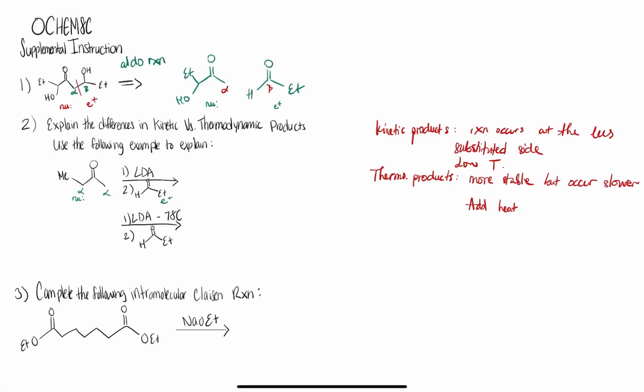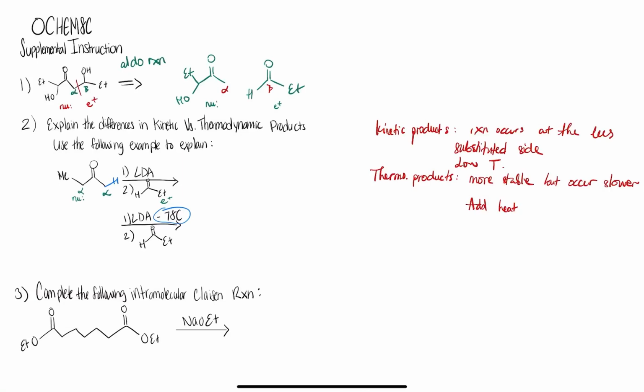This side is more substituted, this side is less substituted, so it depends on the temperature. If we have negative 78 Celsius, that means very low temperature, and LDA will deprotonate at the less substituted side.